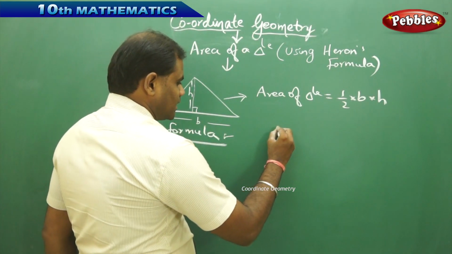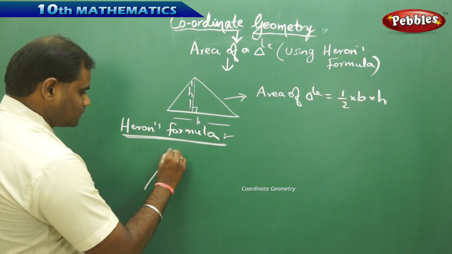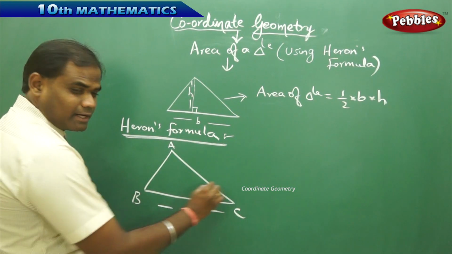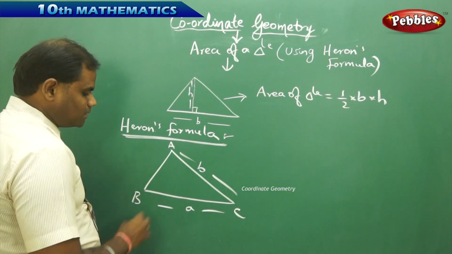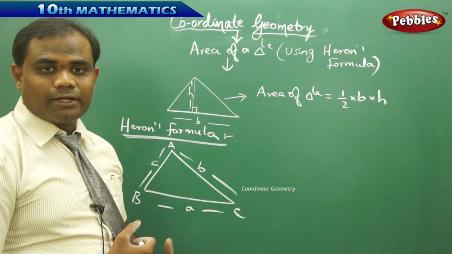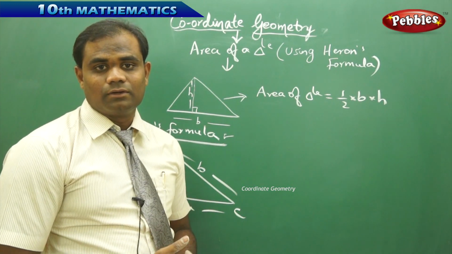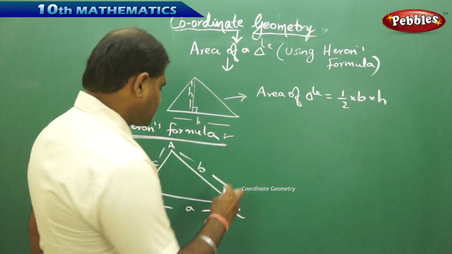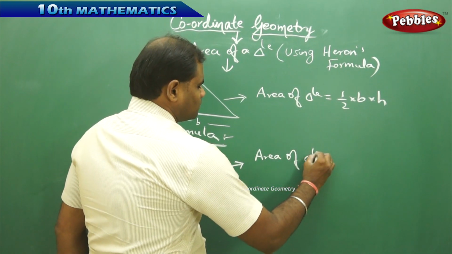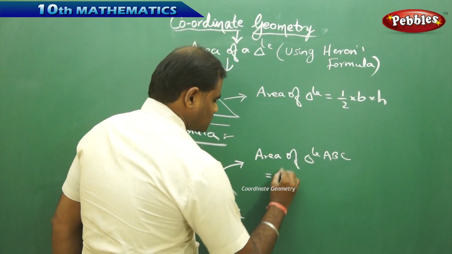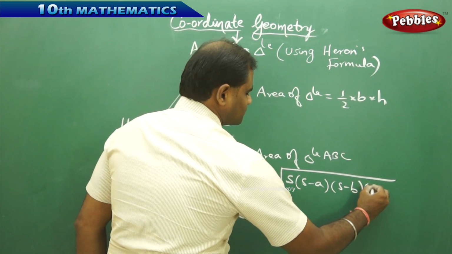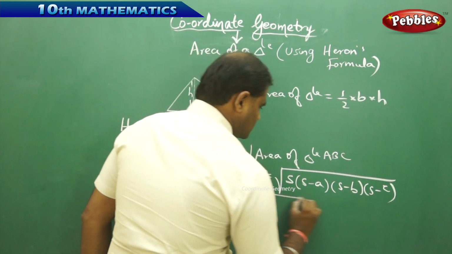So Heron's formula says that if I have a triangle ABC whose sides are of length A, B and C, then I can use Heron's formula to find the area of this triangle where the height is not given. Only the sides are given here. For this, Heron's formula can be used as: area of triangle ABC is root of S into S minus A, S minus B into S minus C.